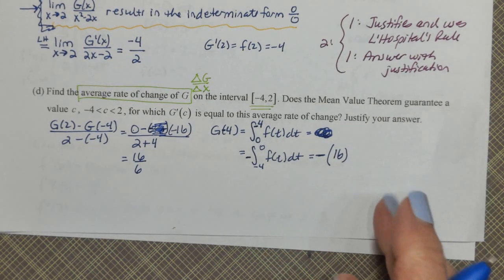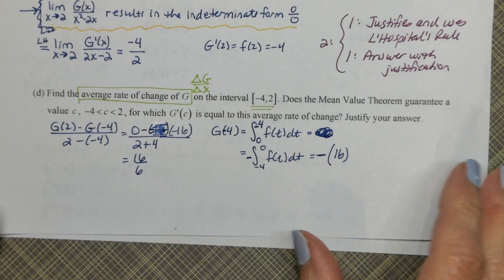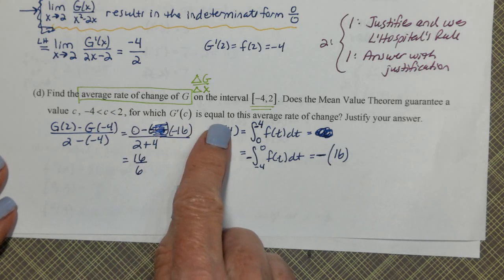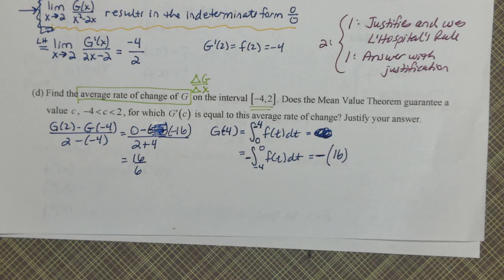Does the mean value theorem guarantee a value c between negative 4 and 2 for which g prime is equal to the average rate of change? So in essence, can we use the mean value theorem here?